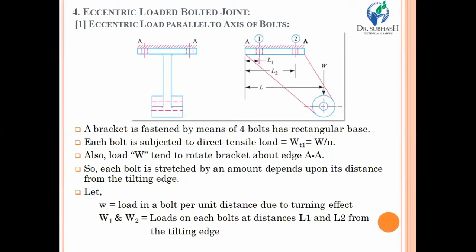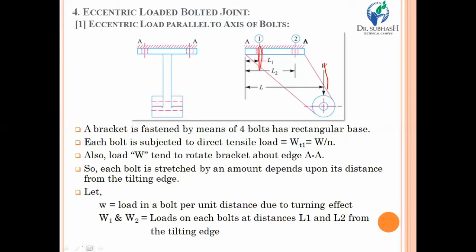So on the basis of the different applications, we are going to discuss this theory. Look at the first application, the first topic that we are going to discuss, and that is eccentric load parallel to the axis of bolt. That means in this particular theory, we are discussing a case in which the load is eccentric, and that eccentric load is parallel to the axis of the bolt.